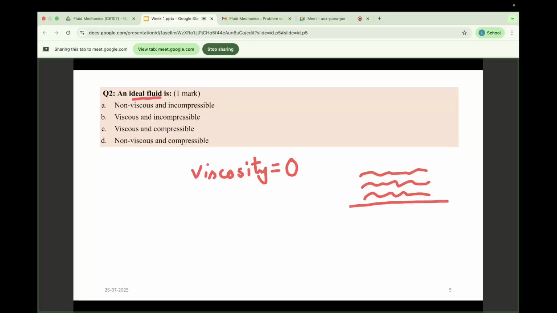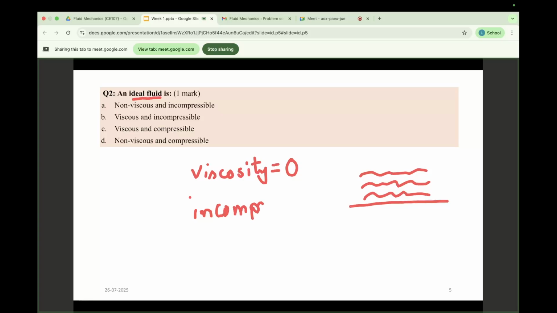In real life it is not possible, but for problem solving, in any engineering problem, or if some of you are in final year doing a project, in the majority of cases we assume the ideal fluid. And also another important point is it is incompressible.